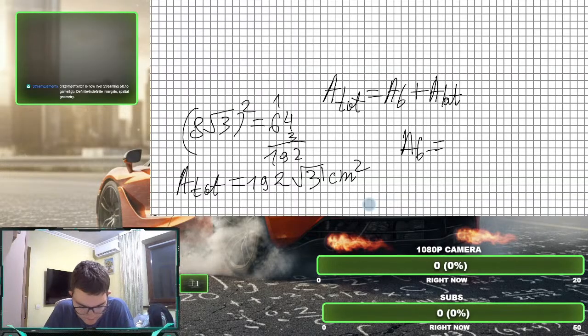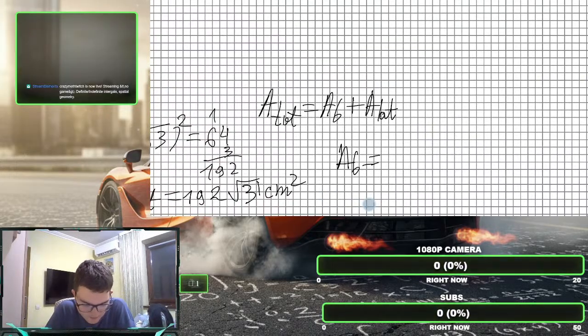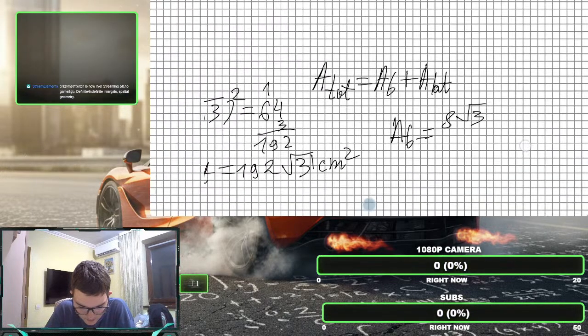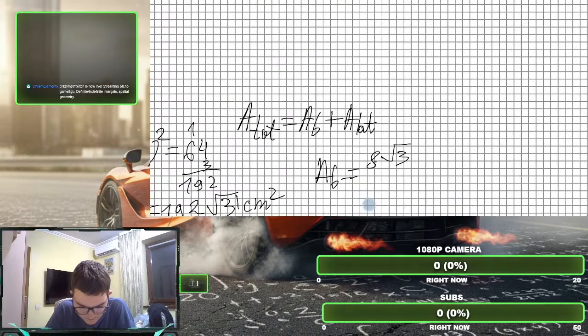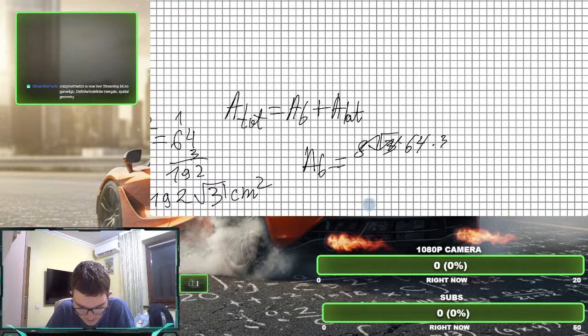So I got this 192 square root of 3 centimeters to the second power. So here I can do this. Right, but I already did that, which is 64. So 64 times 3 times square root of 3 divided by 4.